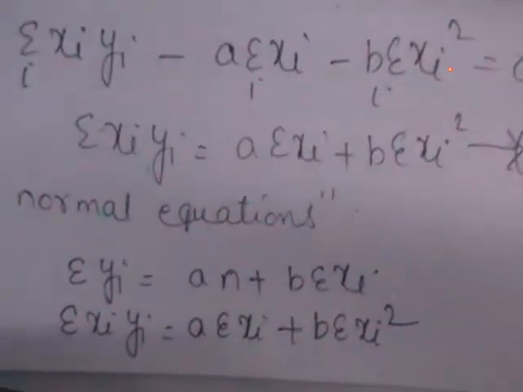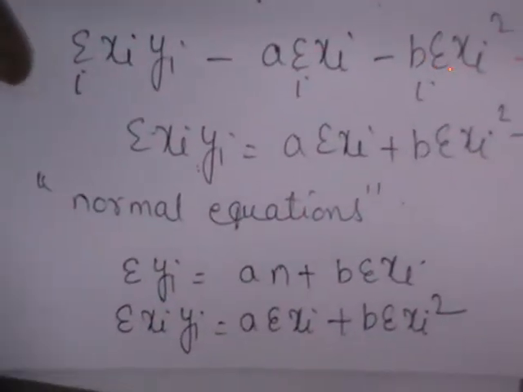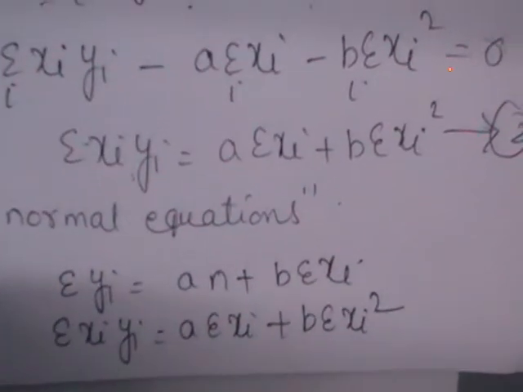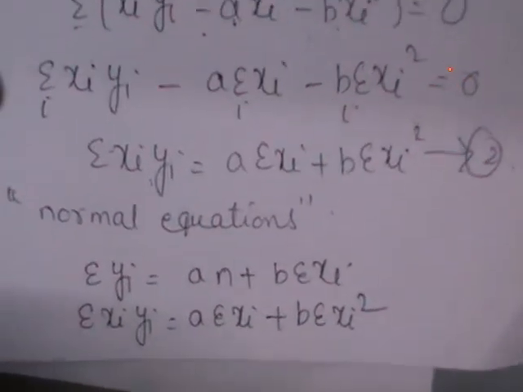Minimizing the error sum of squares means you should check how many constants are there in the given equation. Here you have two constants, a comma b. Those a, b can be calculated by minimizing S with respect to a once and S with respect to b once. We just now saw the procedure.